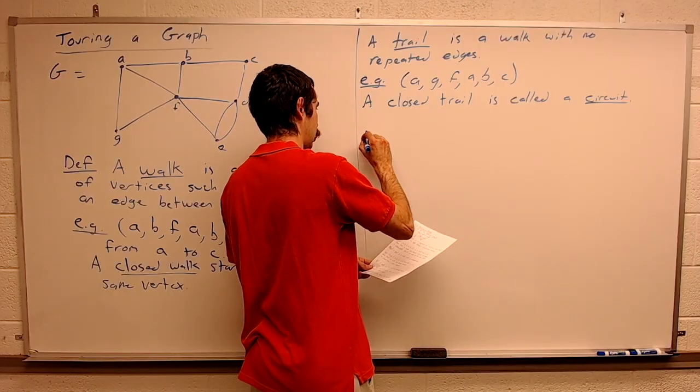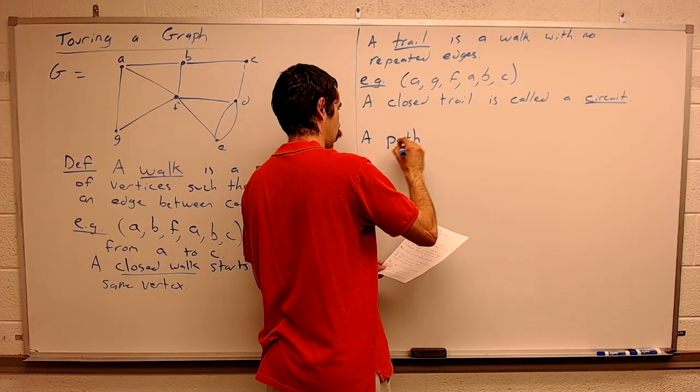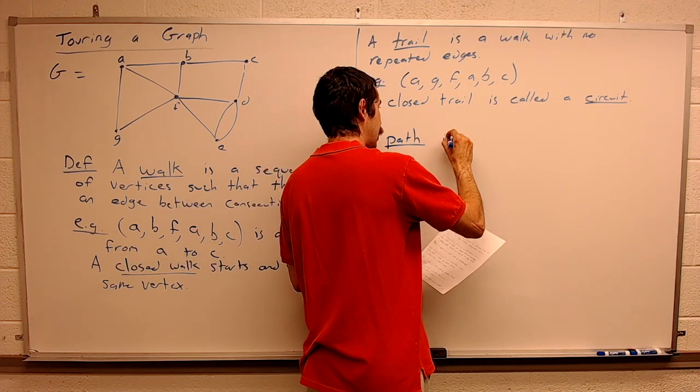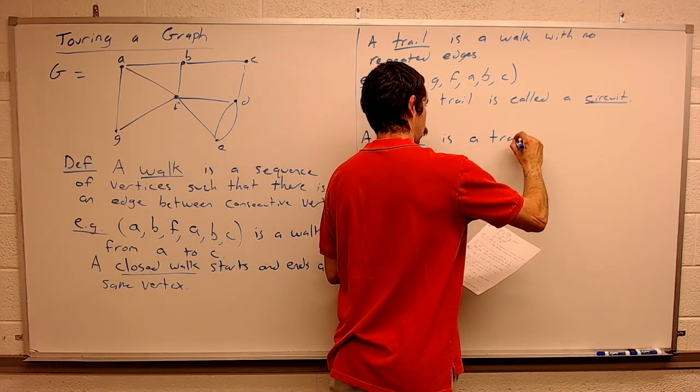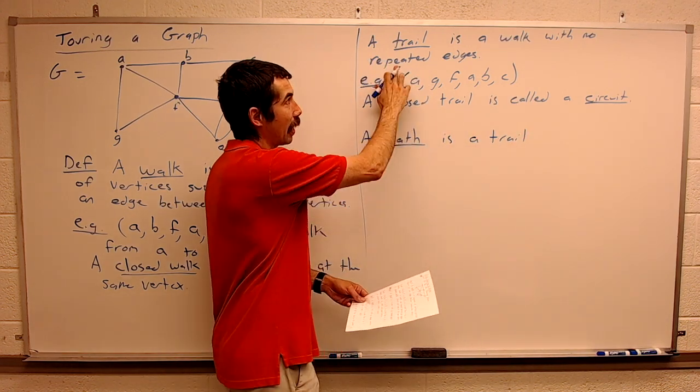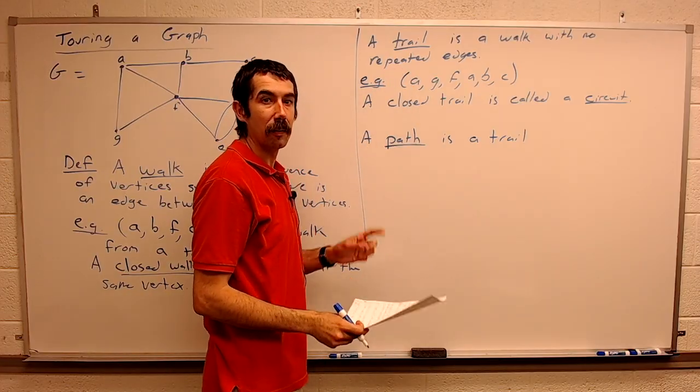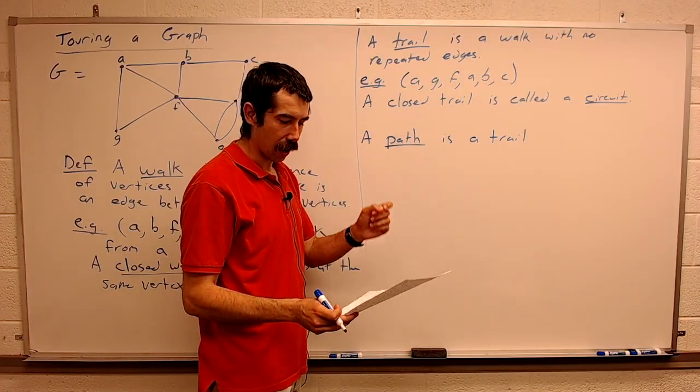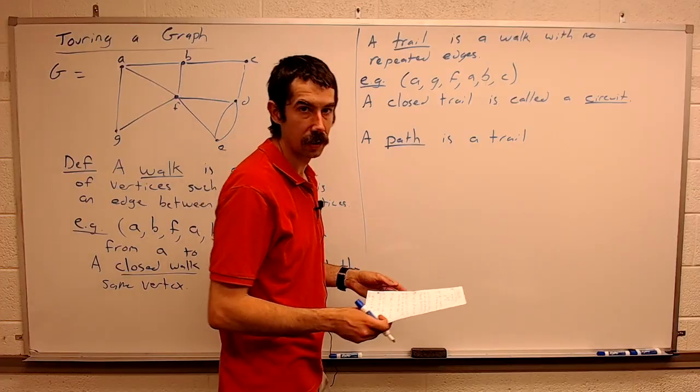path is a trail. All right, so a path automatically has no repeated edges, but it has the extra condition that there are no repeated vertices.